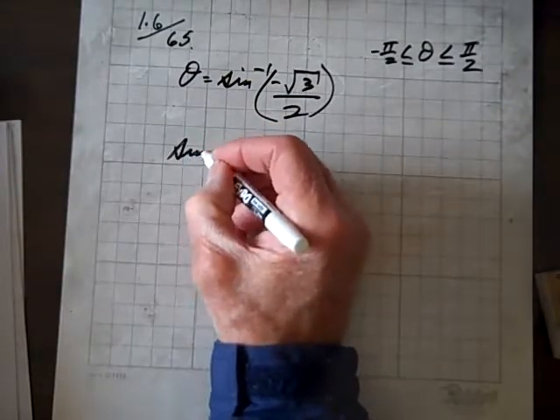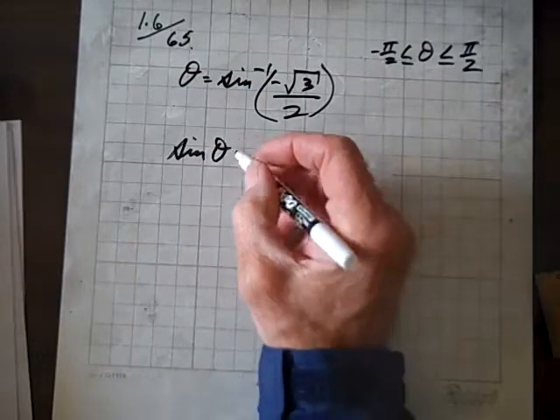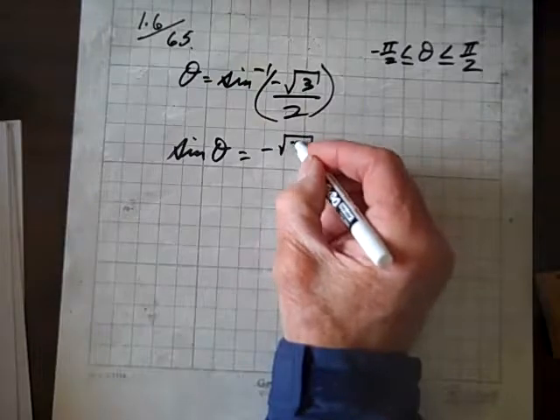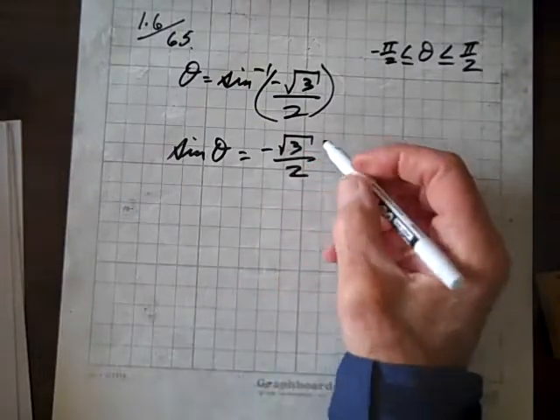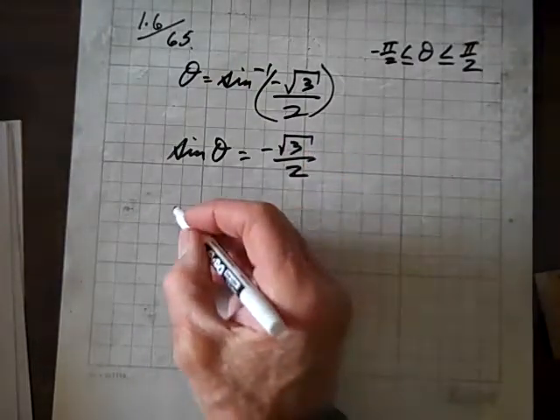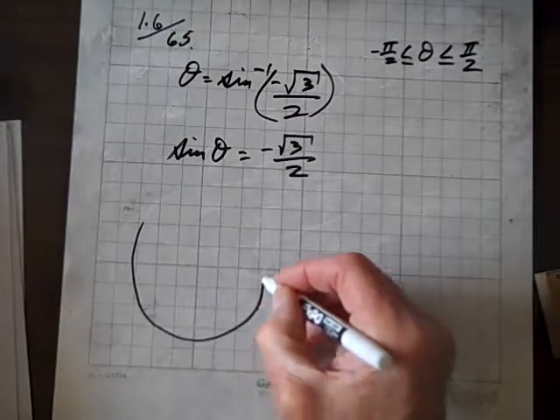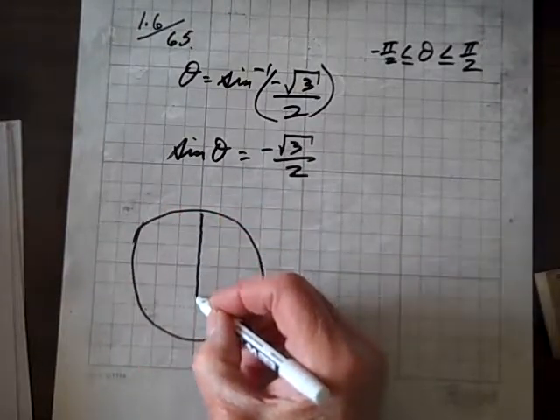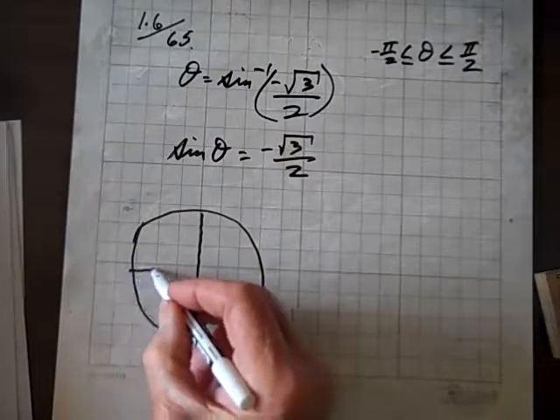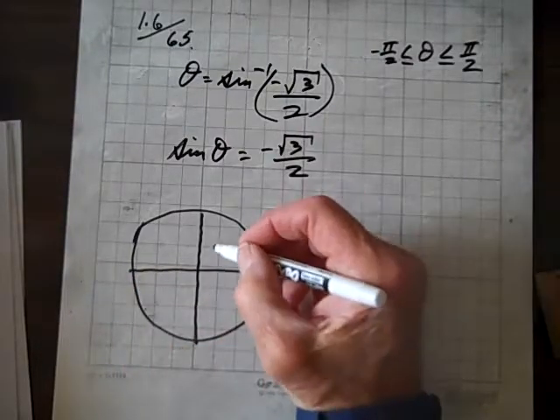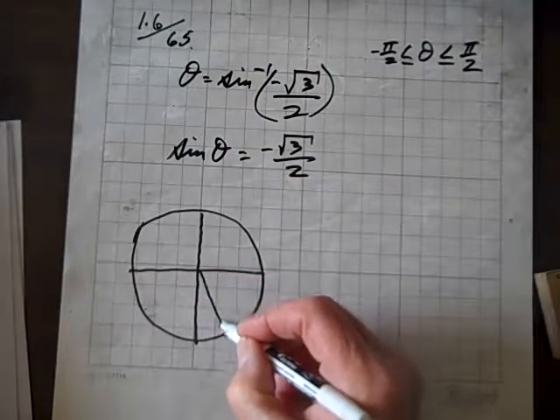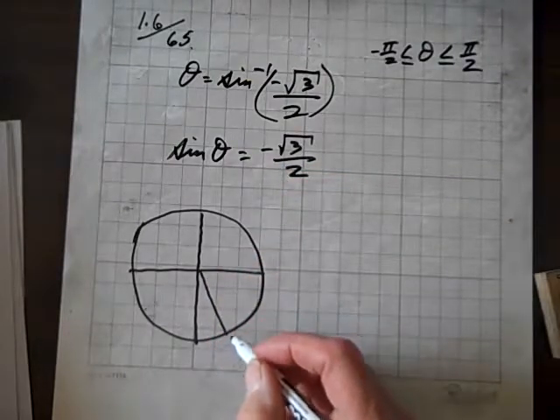So taking the sine of both sides, sine of theta is going to equal negative root 3 over 2. And the sine of pi over 3, or 60 degrees, is root 3 over 2, but it's negative, so it's going to be negative root 3 over 2.